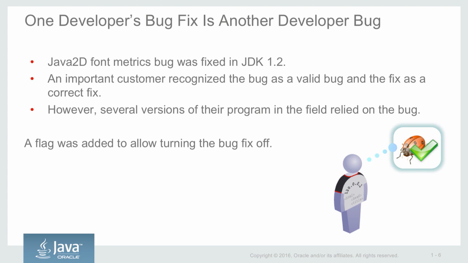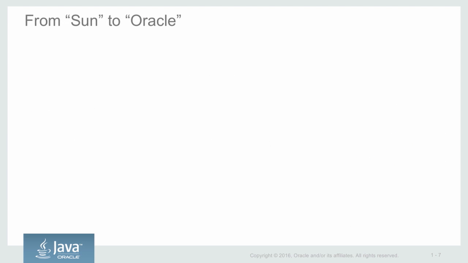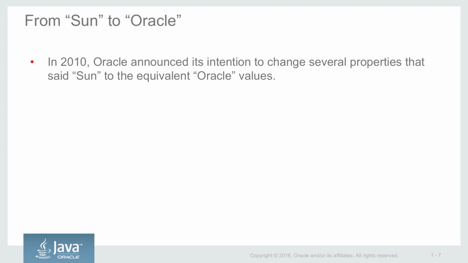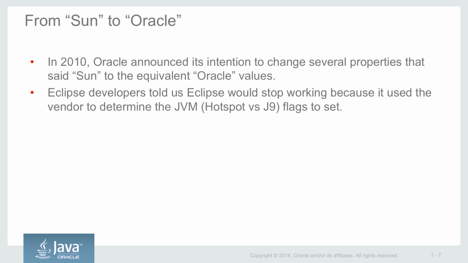Okay, so anything could break your code. I'm going to point out the important ones. Here's another one. You heard that Sun was acquired by Oracle. Now, we announced that we had the intention of changing the vendor properties from Sun to Oracle. Makes sense, right? And who can object to that? Eclipse.